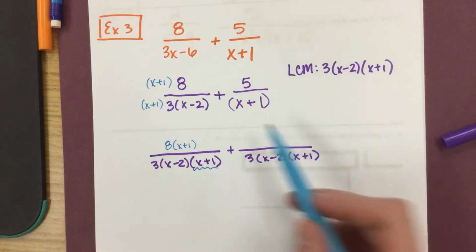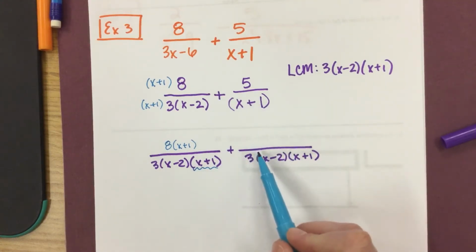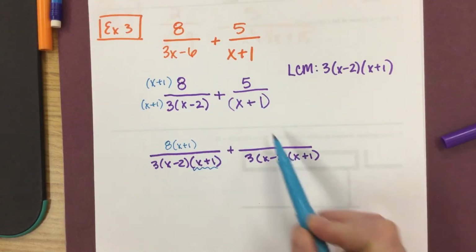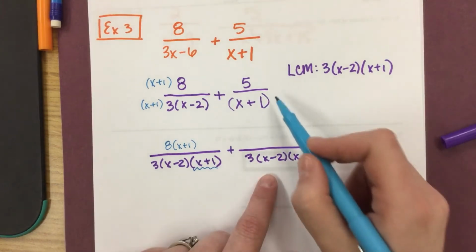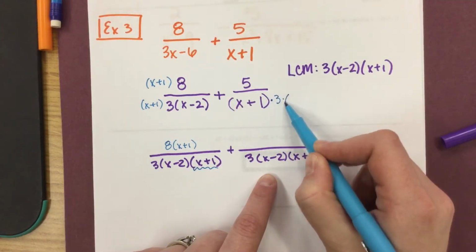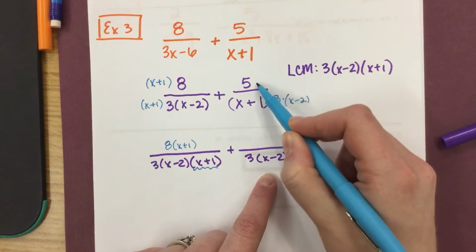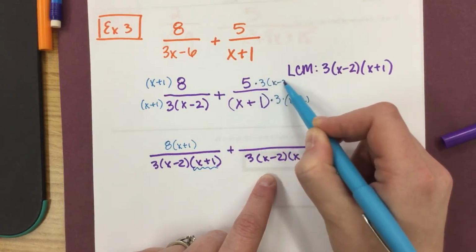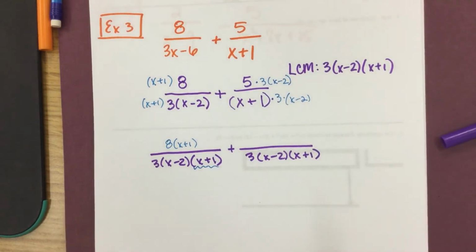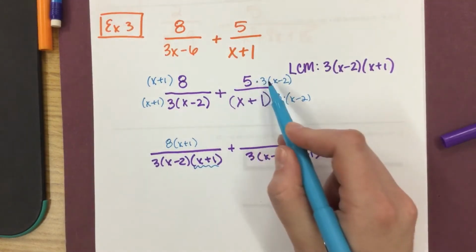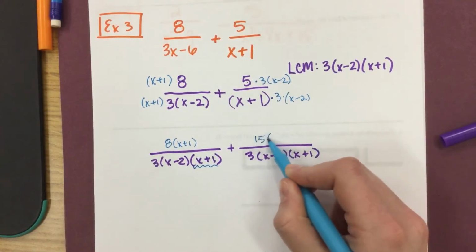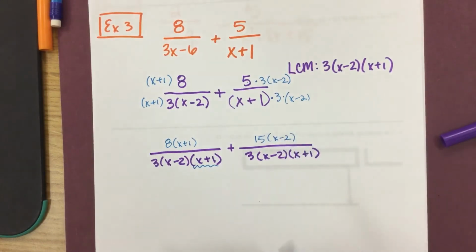And when I compare the second denominator to my LCM, I have the x plus 1, but I'm missing the 3 and the x minus 2. So 5 times 3 gives me the 15, so I have 15 times the x minus 2.